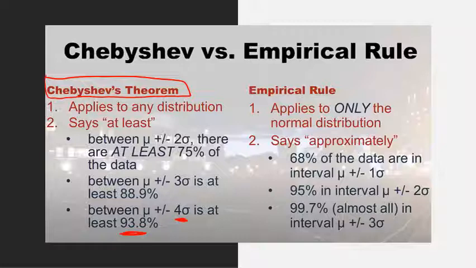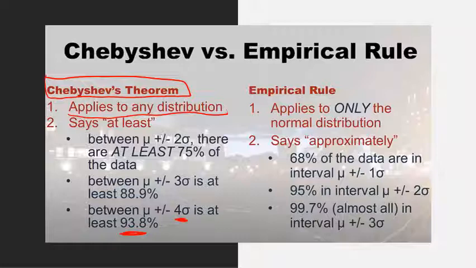It's what we have to work with, especially if you're not sure about the distribution, or if it's skewed left, skewed right, bimodal, any type of distribution. Of course, like I said, your limits are going to be very broad.